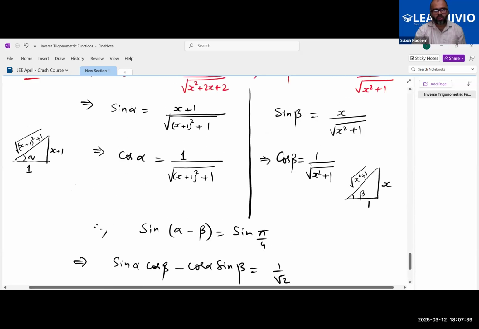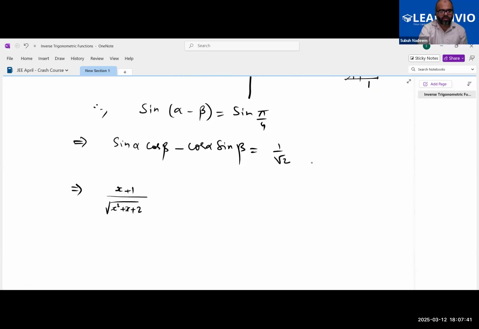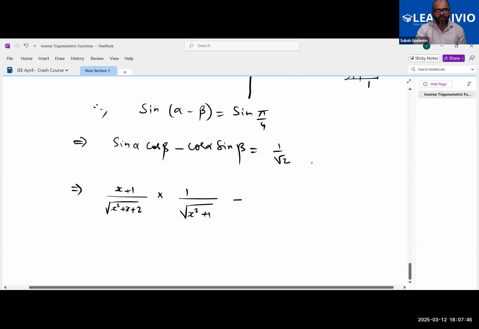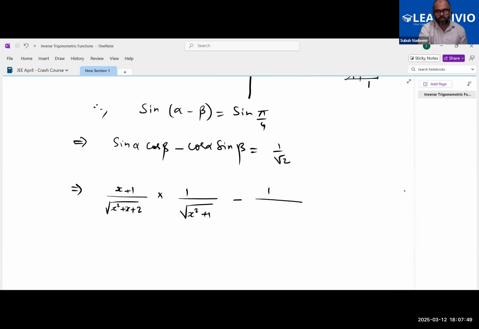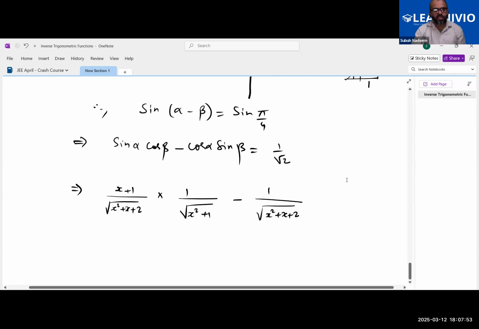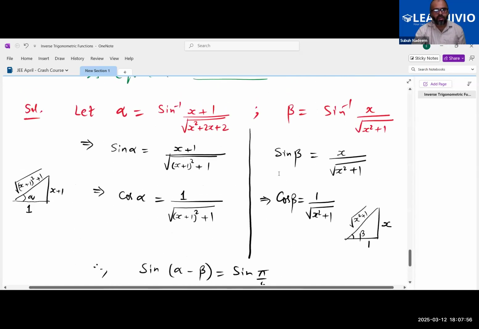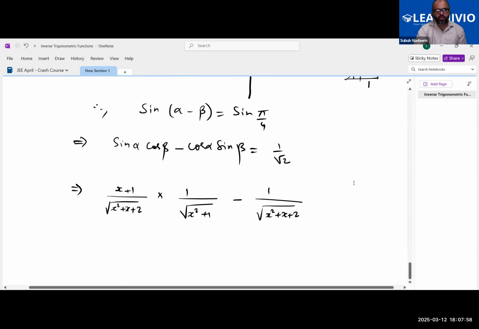What is cos beta? Cos beta is 1 by root over x square plus 1. Minus cos alpha. Cos alpha is again 1 by root over x square plus x plus 2. I'm writing it like this. And sine beta is x by root over x square plus 1. This is equal to 1 by root 2.